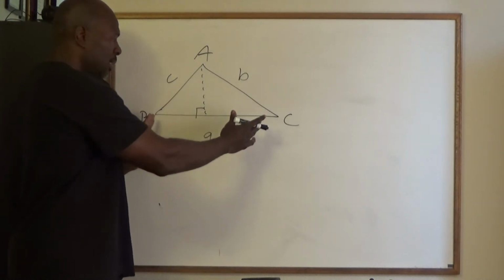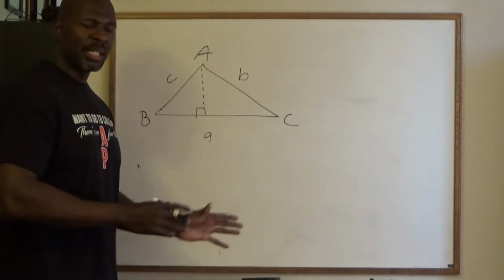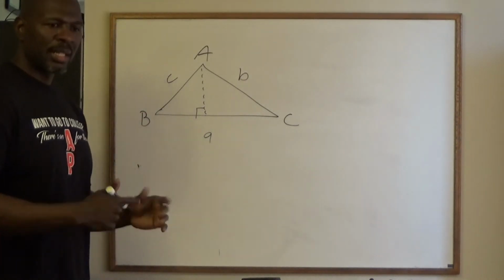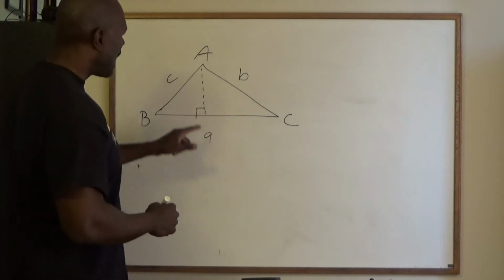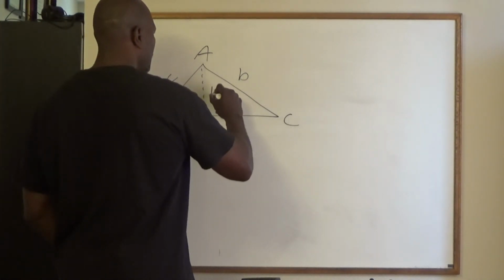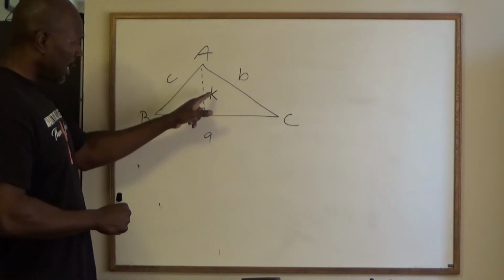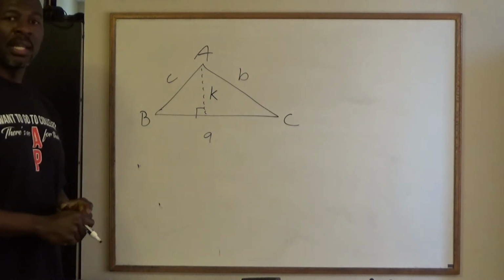So now the base is BC. So this length is not equal to the h as before, unless it was an equilateral triangle, and we're not saying the triangle is equilateral. So I can't call this distance h. Let's say I call it k. Side k is opposite of angle B and angle C.